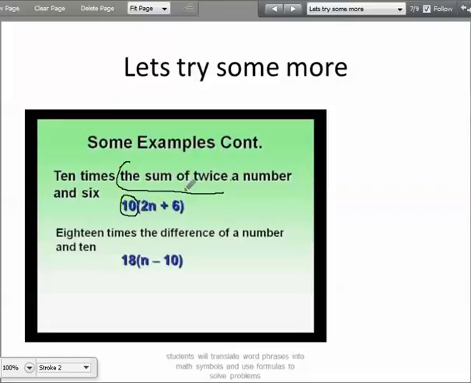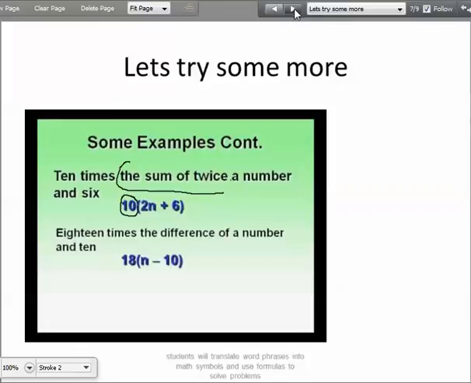The sum of this. So I needed to make certain I did that as adding and then multiplied by 10. Next one says 18 times the difference. Well, that's where I would put these in parentheses and say the difference of a number and 10, n minus 10. And then 18 times that would be what would go on the outside of the parentheses.